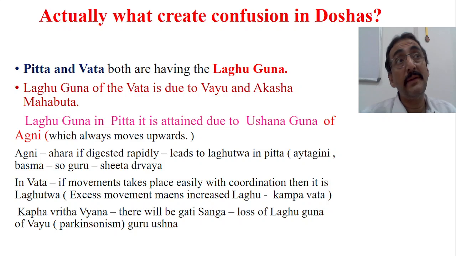Whereas Laghu guna which occurs in Vata is different. Laghu guna in Vata means the movements take place easily with coordination; then it is Laghutva. In relation to Vata dosha, Laghu guna means bodily movement taking place very smoothly and comfortably with coordination.